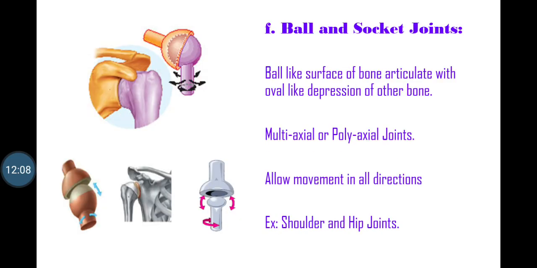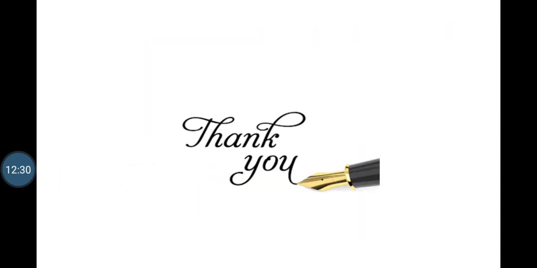Last type, ball and socket joints. Ball and socket joint has a ball-like surface of one bone articulating with the cup-like depression of the other bone. These joints are multiaxial and polyaxial because they allow movement in all directions. Example: shoulder and hip joints. So guys, here we conclude the skeleton system. Thank you.